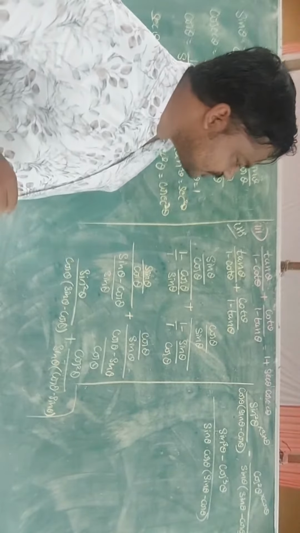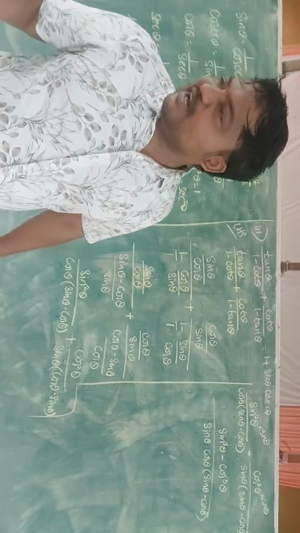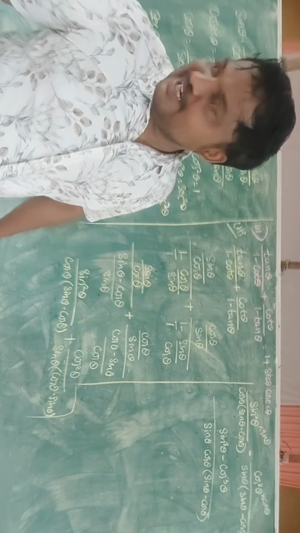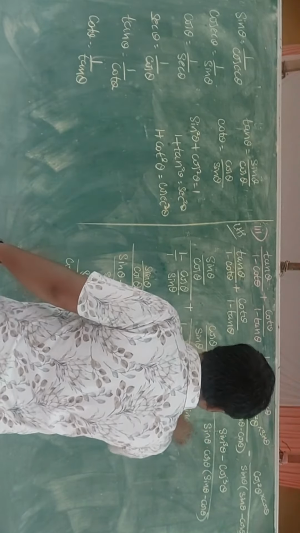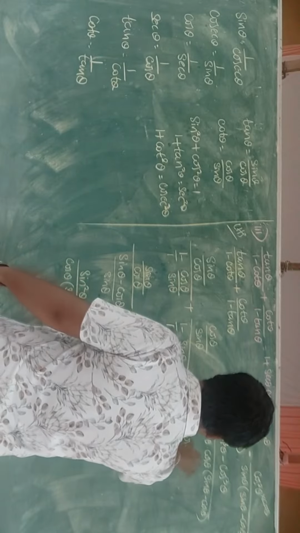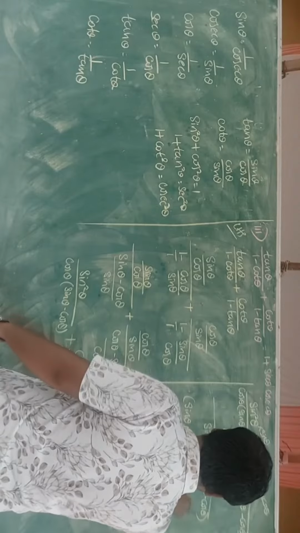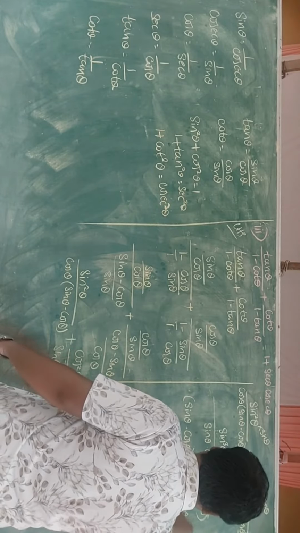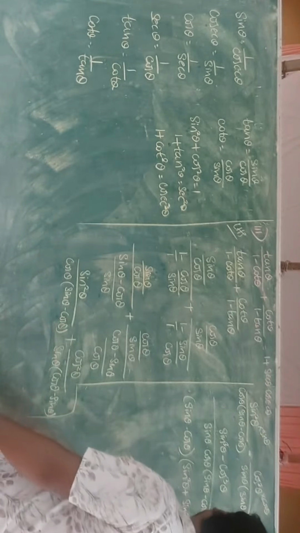A cube minus b cube is equal to a minus b into a square plus ab plus b square. Learn the identities. Yes. So a cube minus b cube is nothing but a minus b into a square plus ab plus b square.